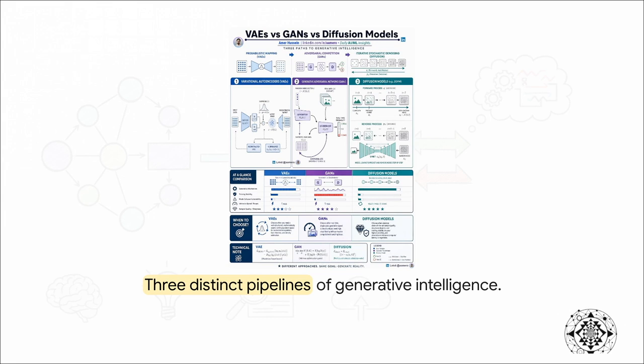In the middle, adversarial competition. Here, data flows through this relentless, competitive loop between two rival networks. And on the right, iterative stochastic denoising, a linear sequence that slowly, step by step, transforms pure static into structured information. Each visual flow here represents a vastly different philosophy on how a machine should learn to create.